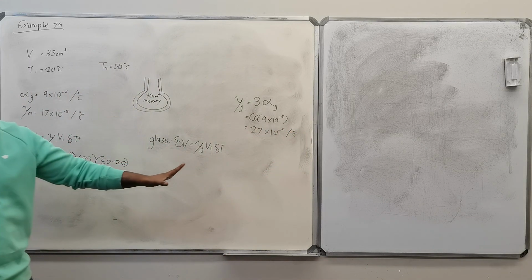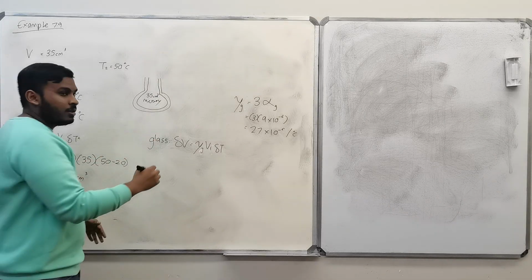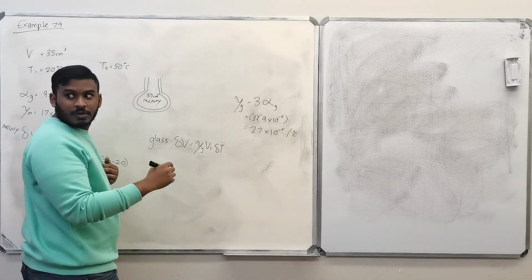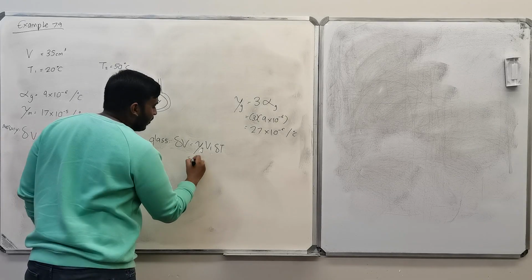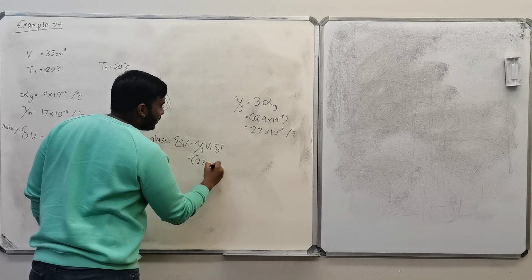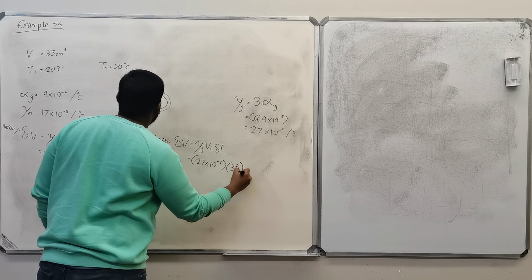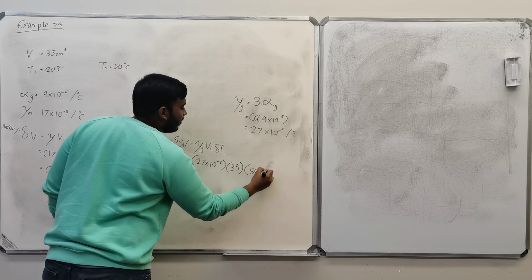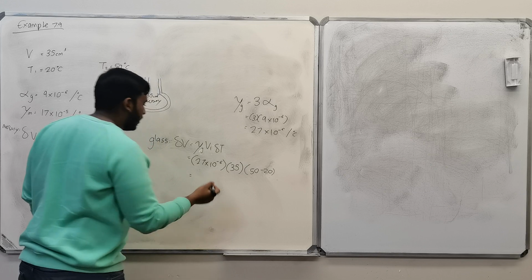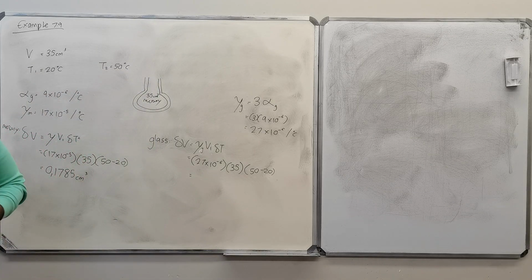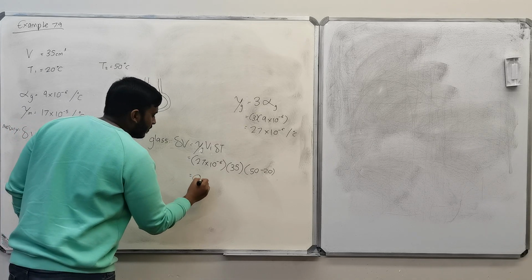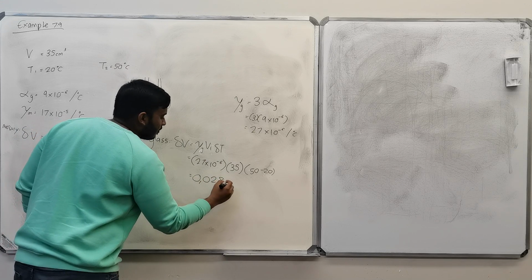So you get 27 times 10 to the minus 6. Your initial volume is 35. Your change in temperature is 50 minus 20, which is 0.0284.